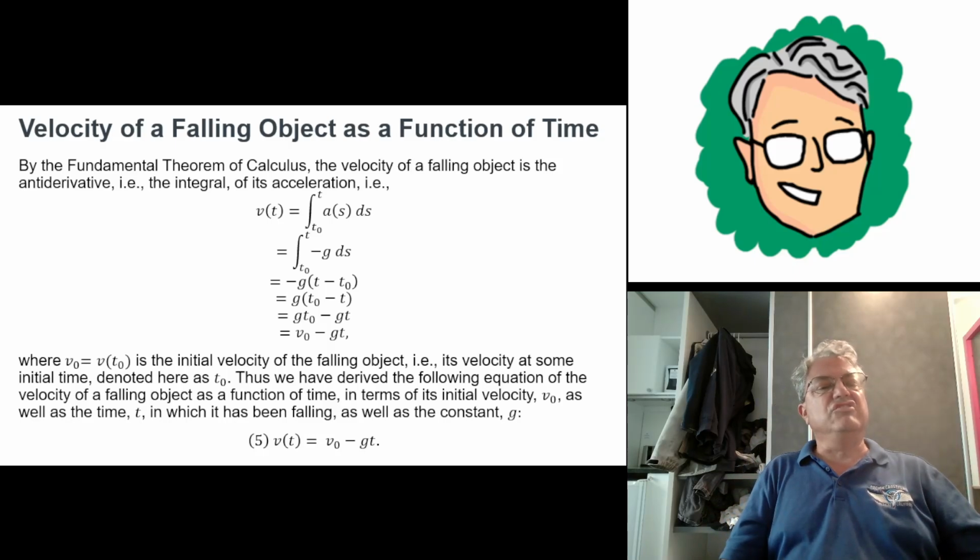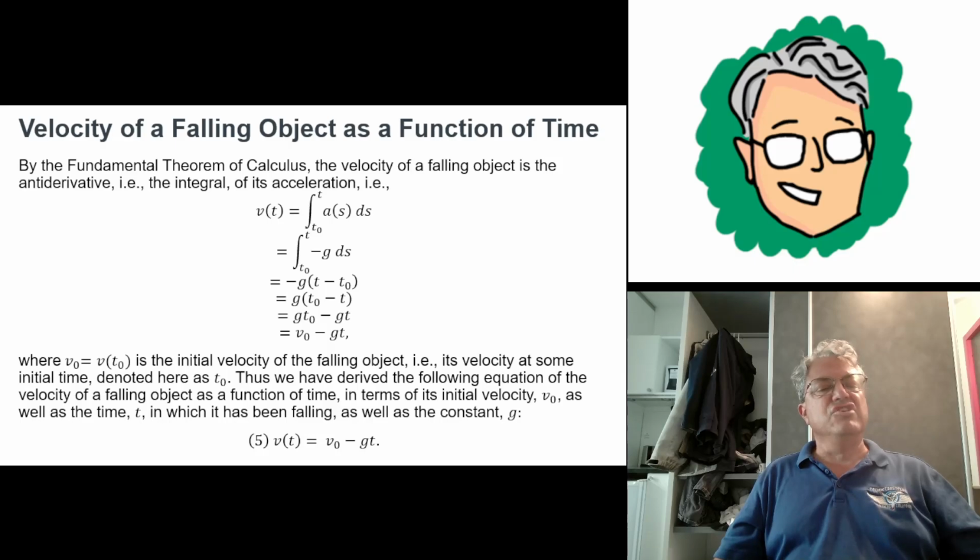So to get the velocity as a function of time, you just integrate the acceleration as a function of time, which we know is just minus g, a constant. Our limits of integration are some initial time, which I'm calling t naught, and the final time, which we're calling t, and I changed the name of the variable inside the integral to s. So we have the integral of minus g ds, with s going from t naught to t.